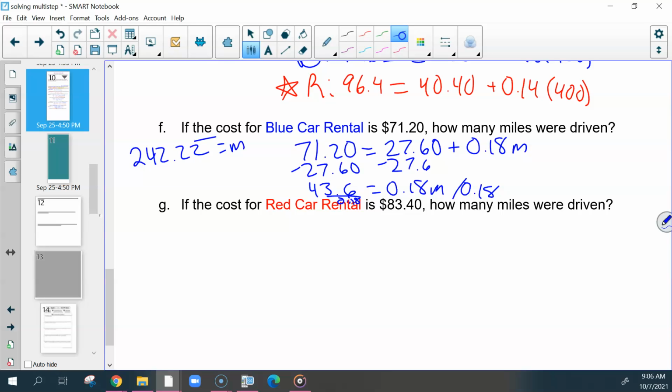Now, before we finish this, some of the word problems will give you decimals, and you have to think about, can I have decimals for this? Can I have 0.22 of a mile? Yes, so we can leave this as a decimal. Usually we're talking about objects, food, people, cars, things we don't split in half or in fractions.